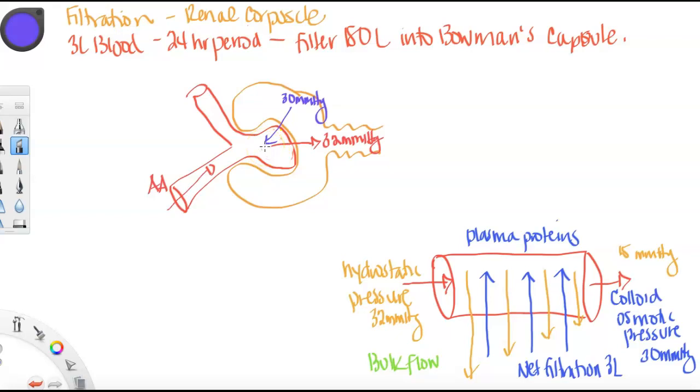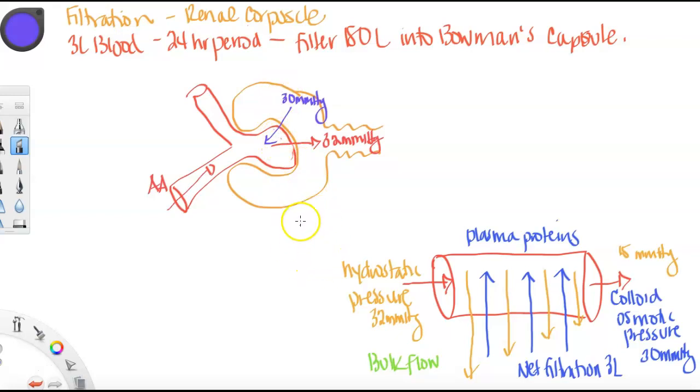We know that the longer the capillary in a line, the more resistance it feels, and the pressure goes down. But in the glomerulus, the capillaries are in a knot, not in a straight line. So it doesn't really reduce from the 32 millimeters of mercury.